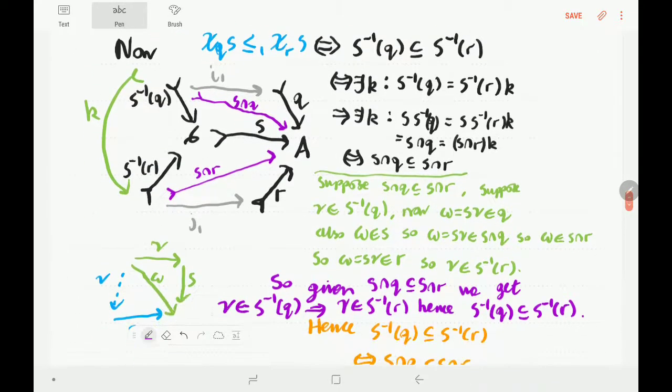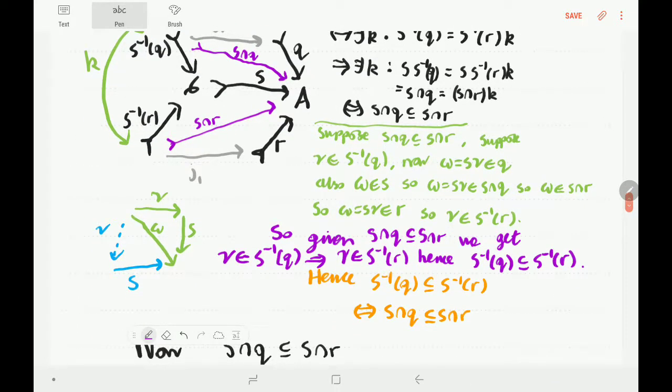Now we want to show that this is equivalent to saying that s intersection q is contained in s intersection r. McLarty goes all the way to here in one step, so maybe there's a trick that I'm missing here, but anyway, I did get there.